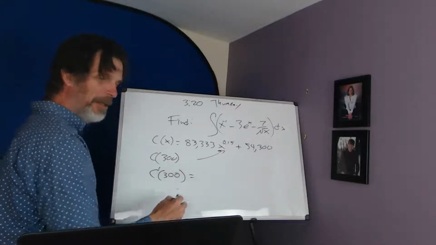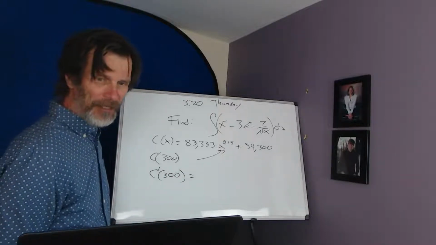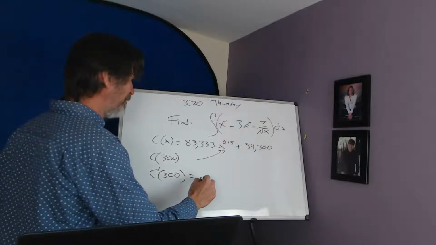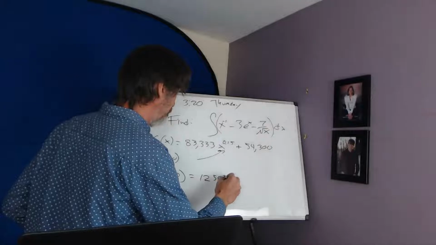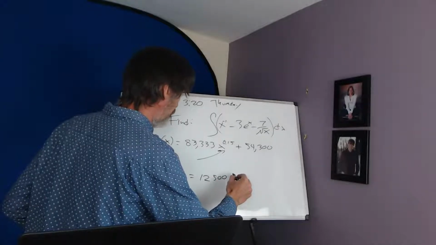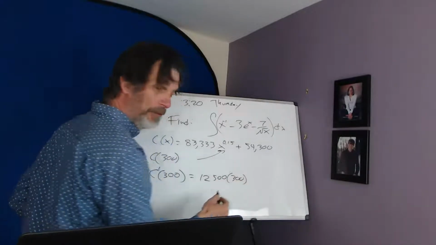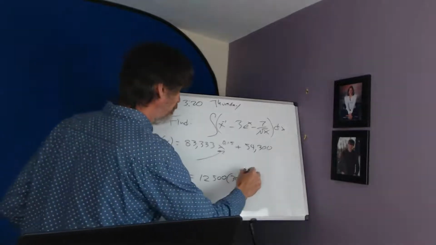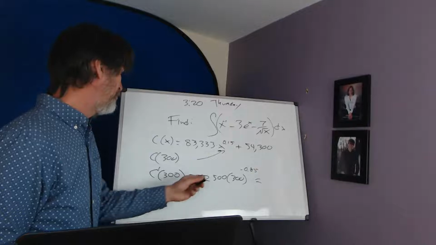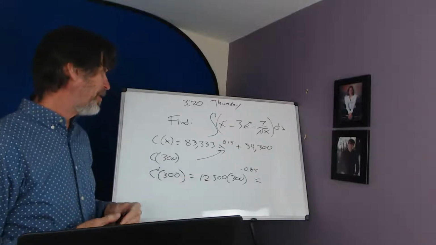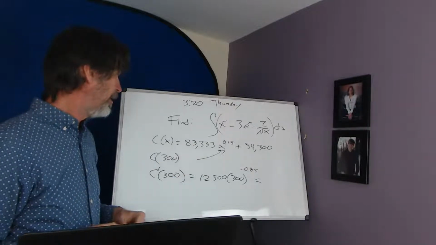The original function that was given in here, the marginal cost function, 12,500 times 300 to the negative 0.85. That certainly should be a positive number. The cost should be increasing.